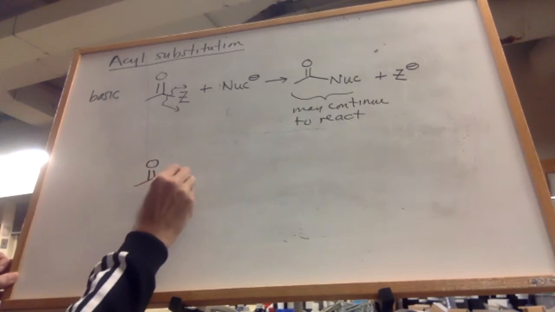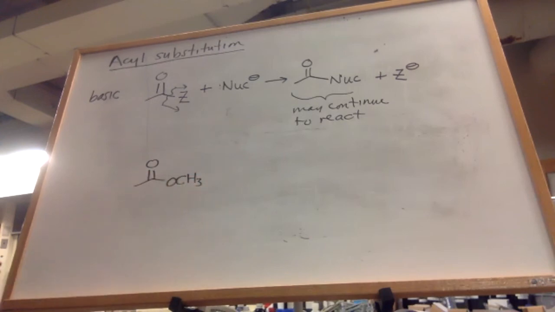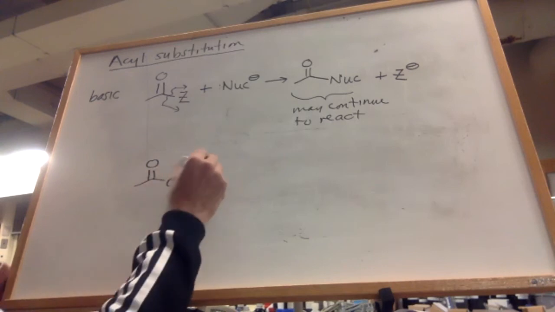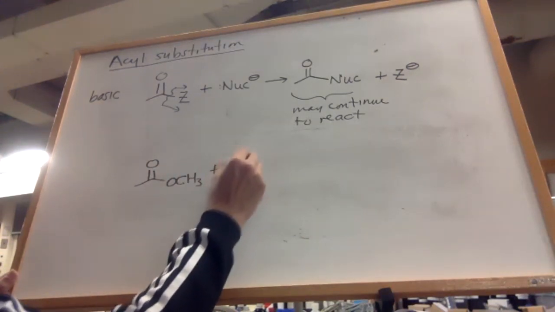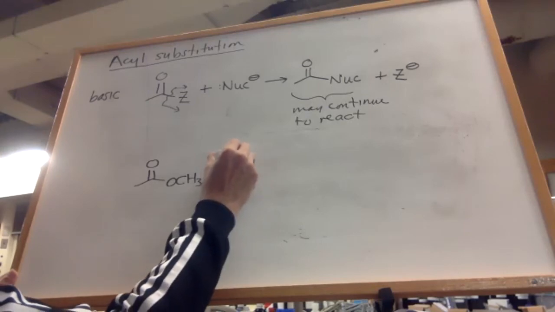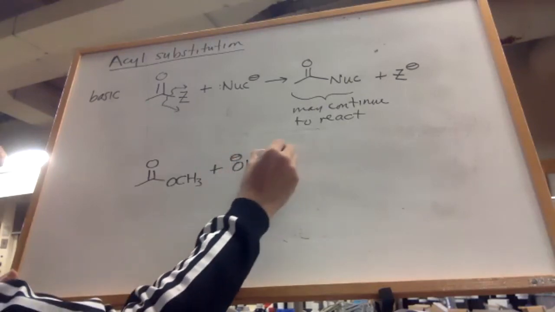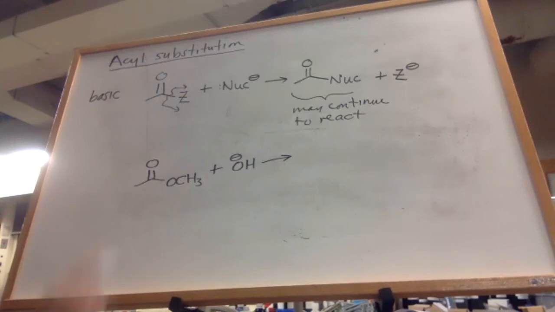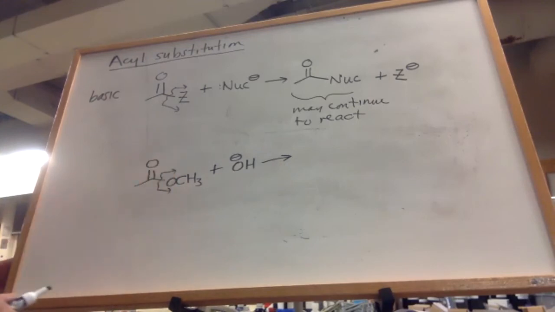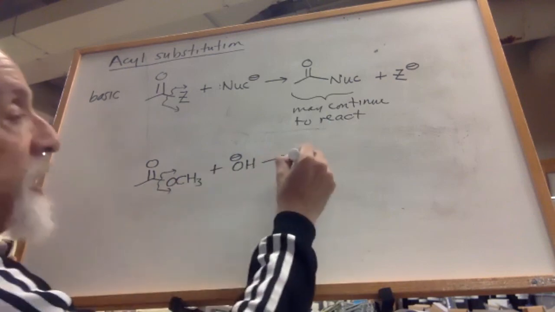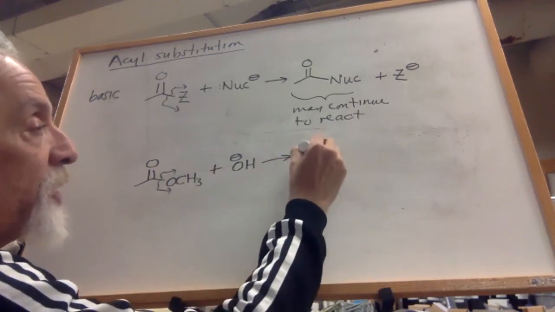Here's the acyl derivative. I see a carbonyl carbon that is bonded to something that is not carbon and not hydrogen. And this is basic conditions, so I'm going to use hydroxide as the nucleophile. What happens here is the thing that's not carbon and not hydrogen goes away, and its place is taken by the nucleophile.